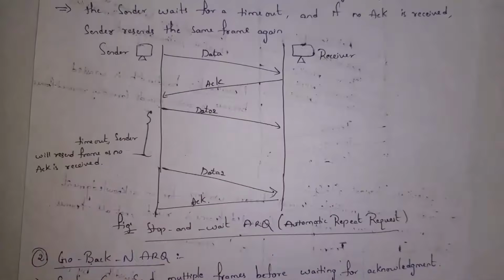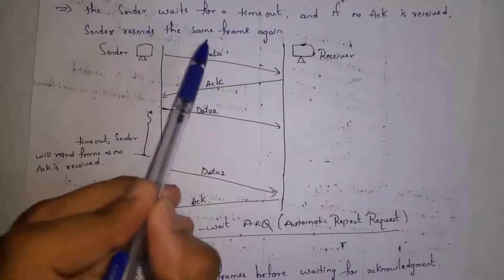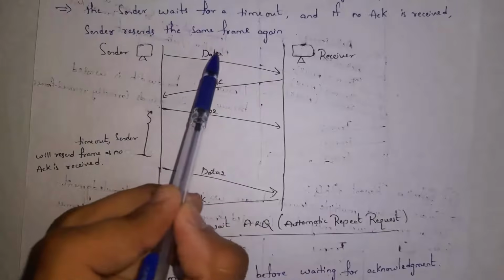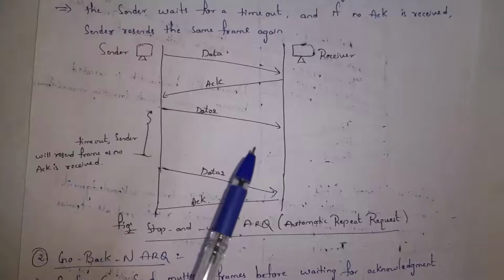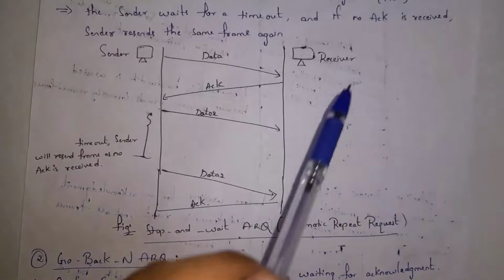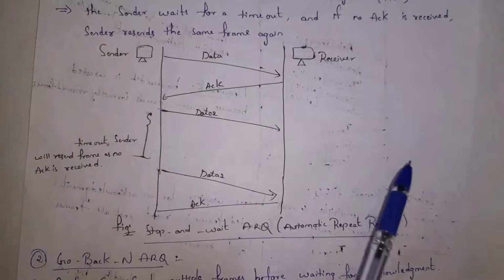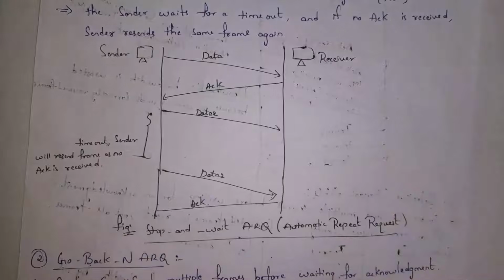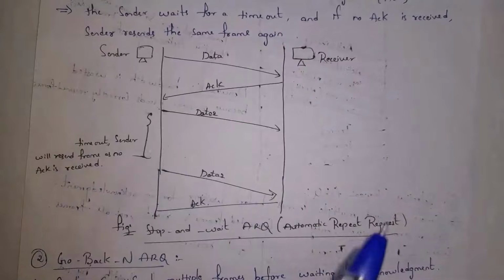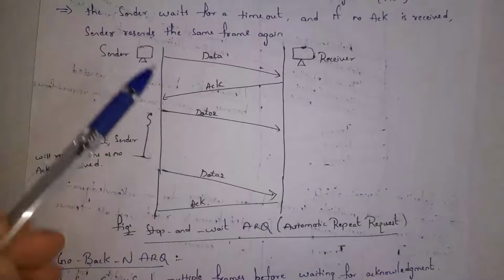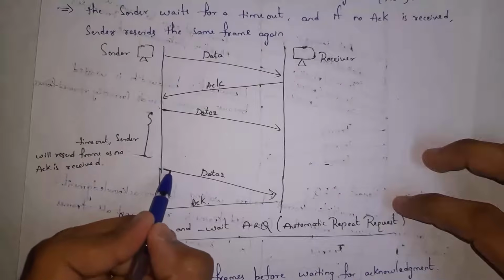Guys, for example, at first sender will send data. This data successfully reaches the receiver. So receiver will send acknowledgement. Now sender will send the next data, but receiver will not receive the data. So receiver will not send any acknowledgement. Sender will wait some time for acknowledgement. As there is no acknowledgement from receiver, sender will again send the same data. Now data is successfully received by receiver.